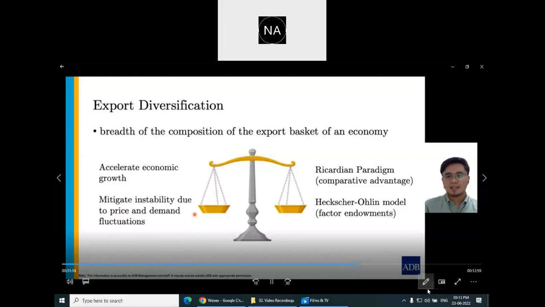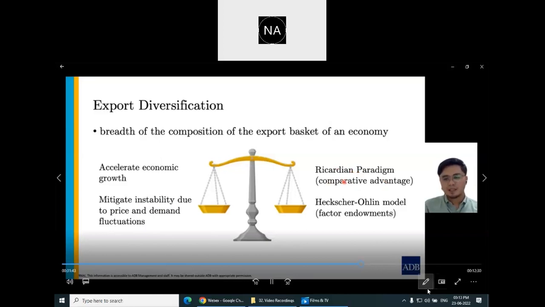Exports diversification is broadly defined as the breadth of the composition of the export basket of an economy. This measure has been relevant since export diversification has been increasingly seen as a means to accelerate economic growth, to mitigate instability due to price, demand, and exchange rate fluctuations, as well as to stabilize export earnings in the long run.